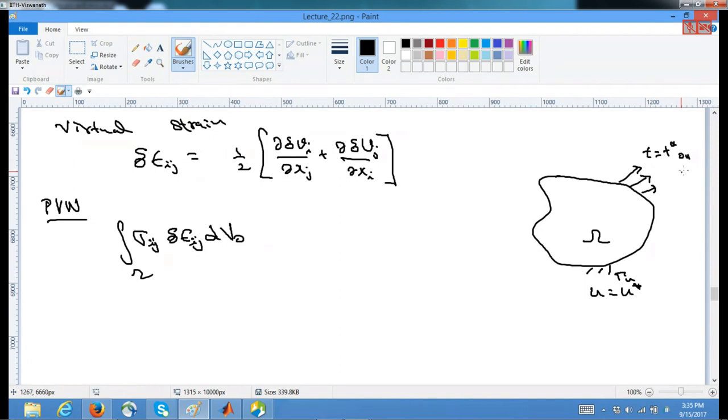And further you need to understand that gamma u plus gamma t equals total gamma. This is nothing but the total surface or boundary, and this is the domain. And within this domain, what we are saying is it satisfies del dot sigma plus p equals 0.